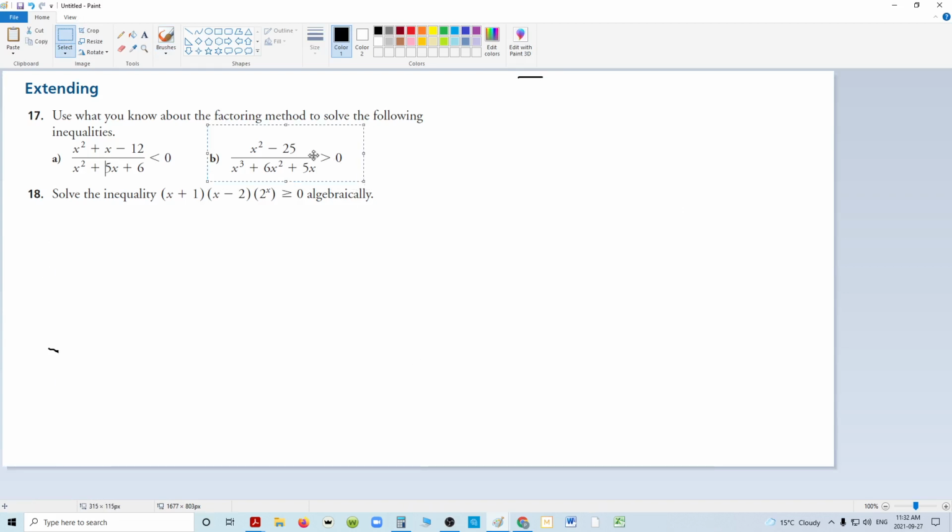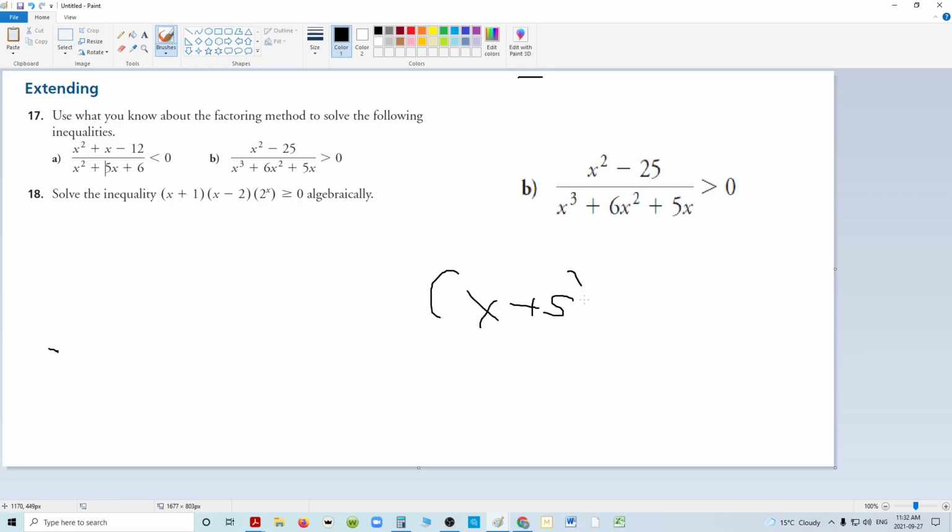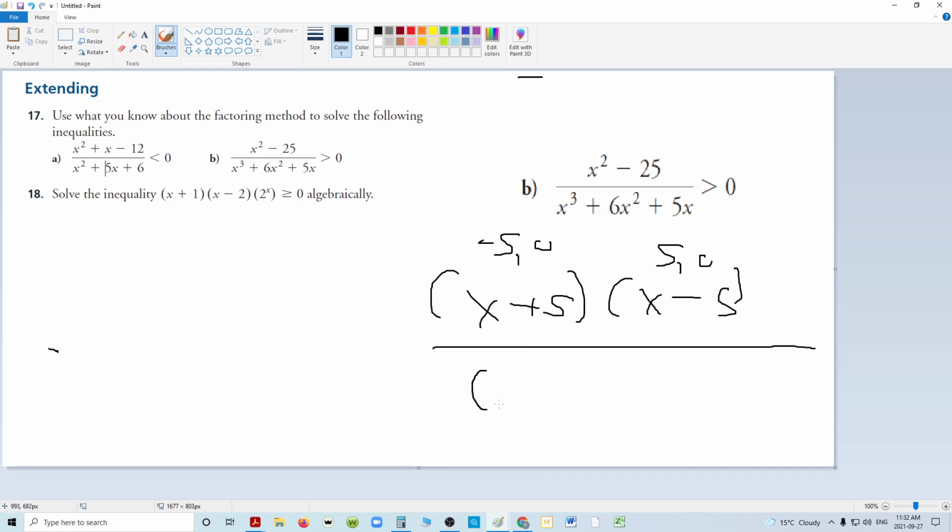Let's look at this one. Factor the top, you get a difference of two squares, x plus 5 and x minus 5, which tells you immediately it goes through the x-axis at -5 and 5 on the 0. The bottom factors out to x plus 5 and x plus 1.